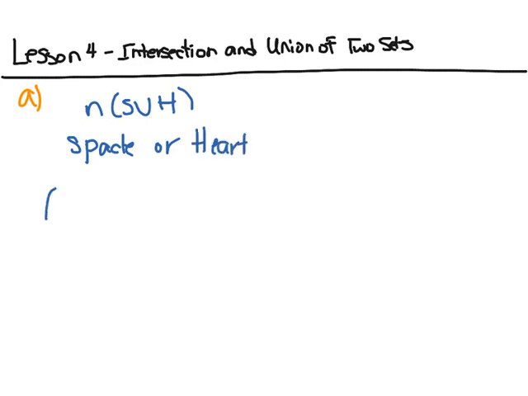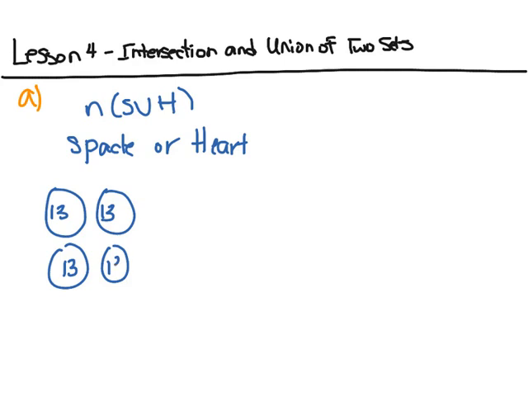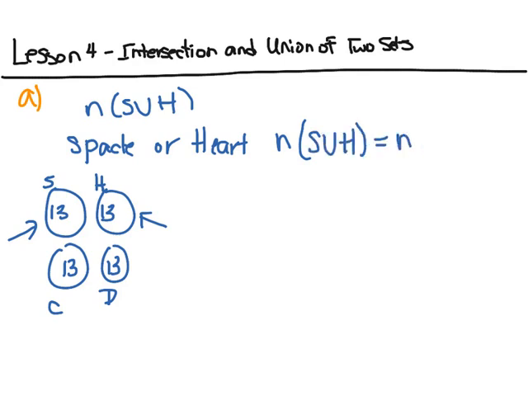So if we have our 4 suits of cards, there's 13 of each. We have spades, hearts, clubs, diamonds. We want to find both this circle and this circle. So we have the n of S union H is equal to the number of S plus the number of H minus the intersection.